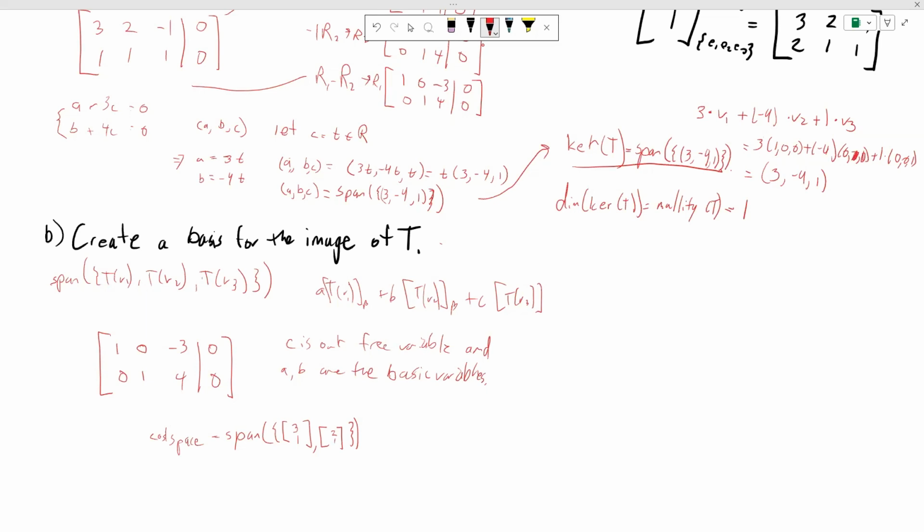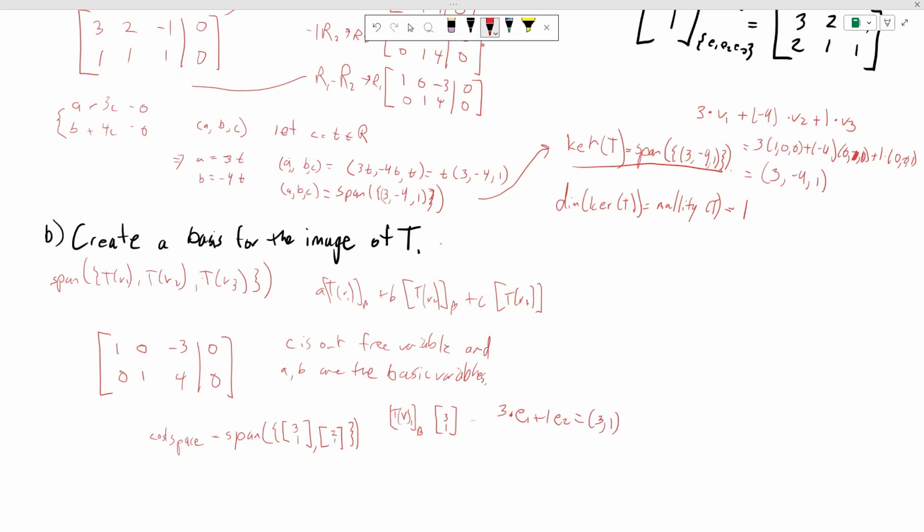Okay. But now we're going to convert these using the basis beta to create our image. So 3, 1 is our first vector, that's T of v1 represented using beta. Well, that gives me 3 times the standard first basis vector plus 1 times the standard second basis vector, which is equal to 3, 1.